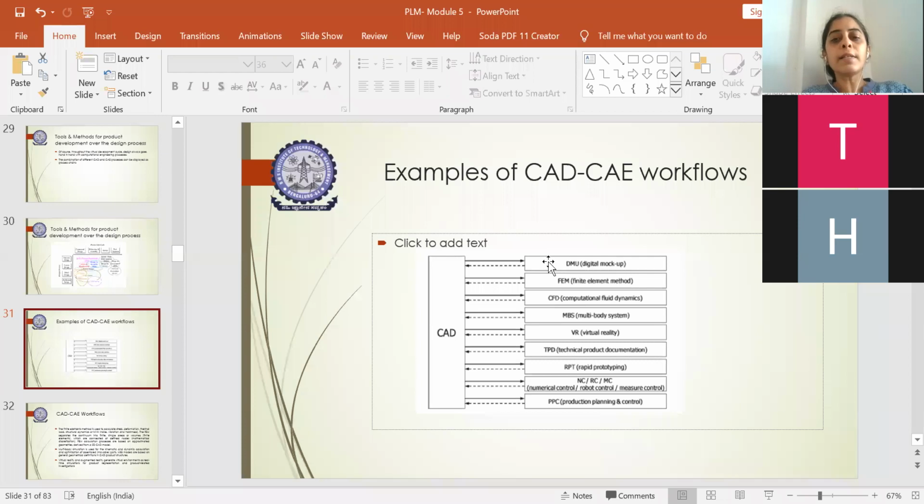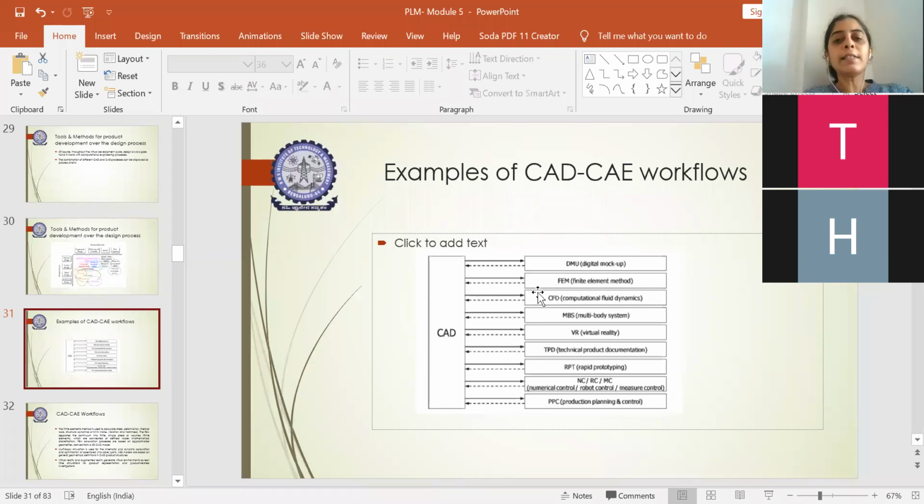So once the design has been created virtually, you will transfer that to the FEM analysis package, where the analysis of that particular design will be tested and simulated. And if any modification is needed based on the FEM analysis, that could be redesigned in our digital mockup.